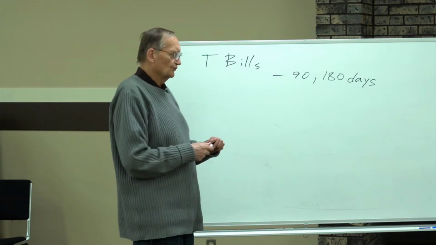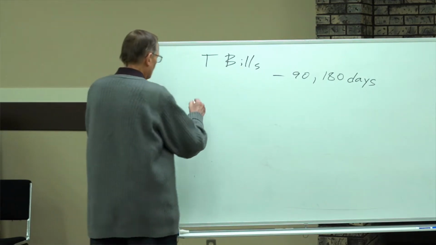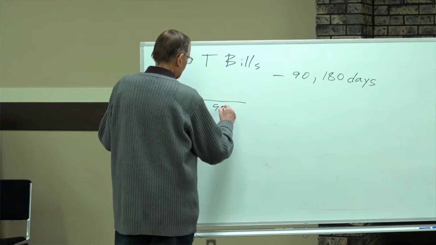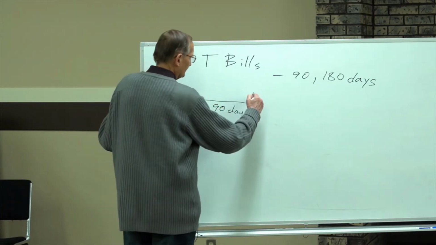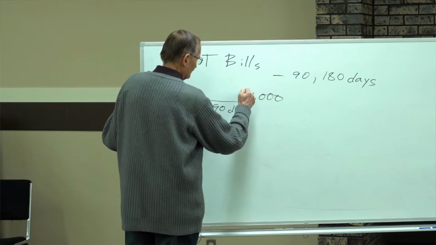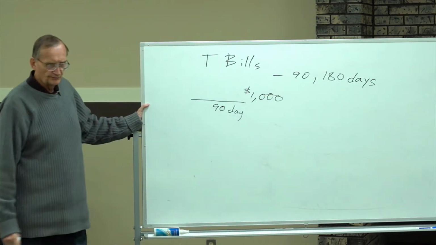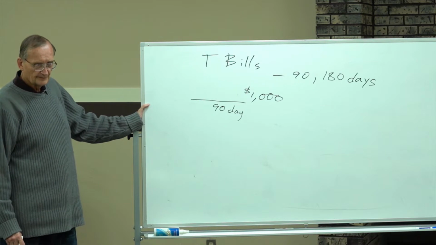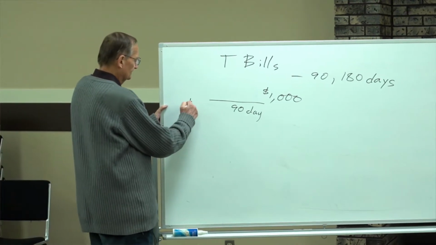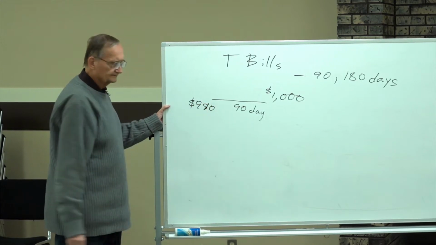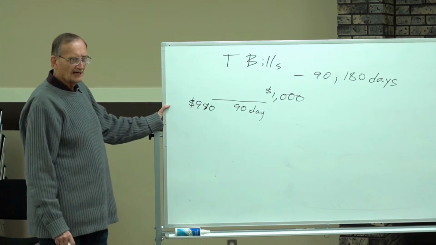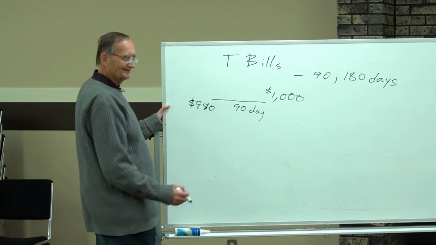So what I'm going to do is give you an example of that. Here's a 90-day T-bill. You get $1,000 90 days from now from the federal government, and you paid $990 for it. How much money did you make?